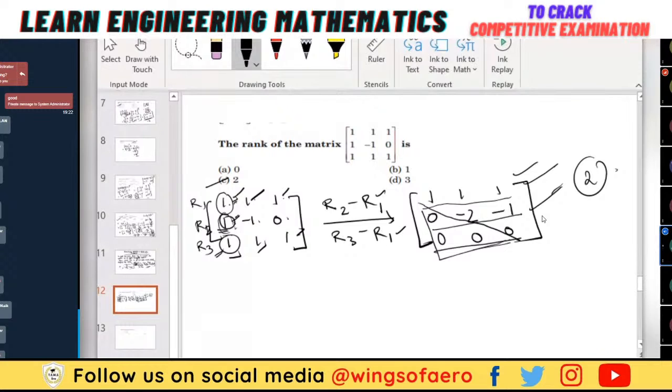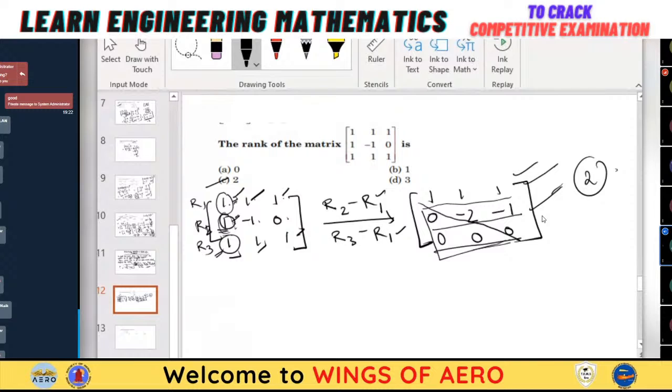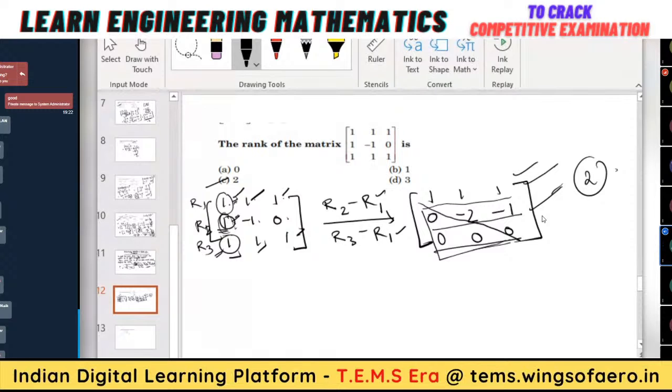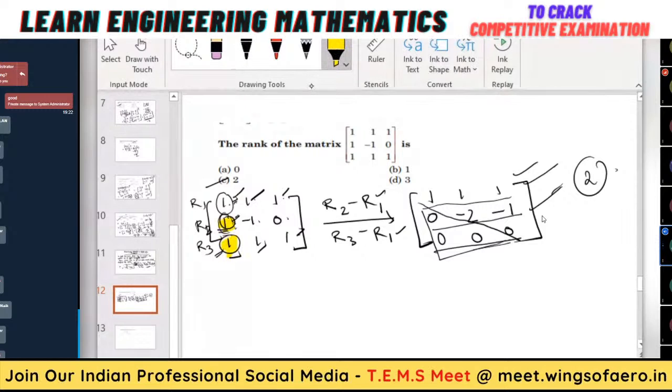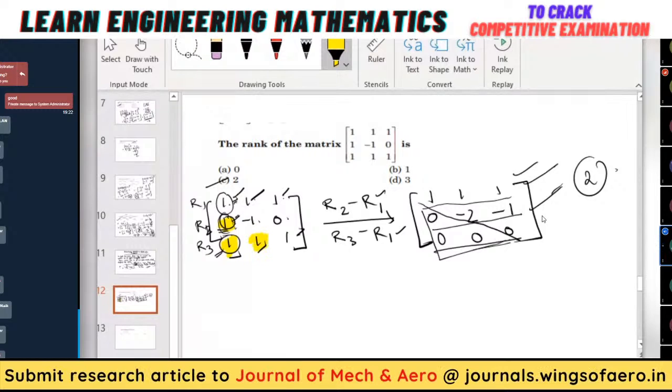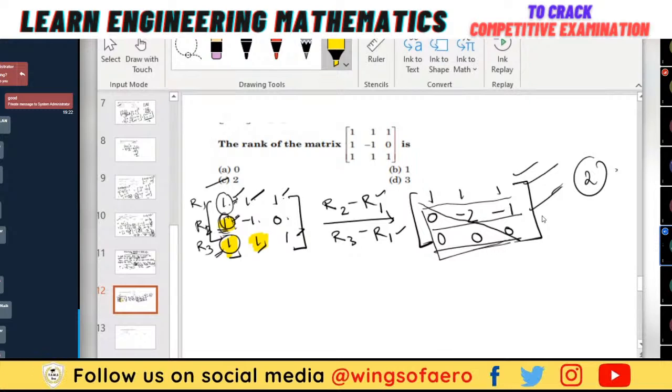So your operations will be: first, always make this element and this element 0, and then this one 0, just to form an upper triangular matrix. If it is done in one or two operations, then it is okay.